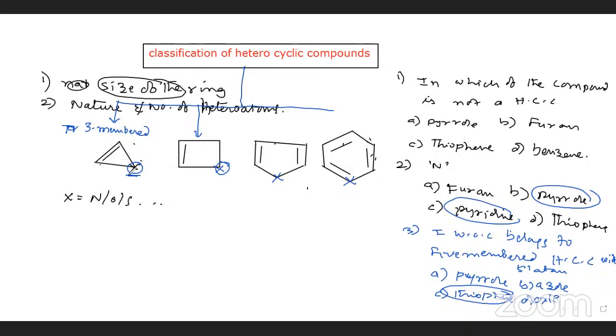This is further classified into the next category, that is the nature and number of heteroatoms.